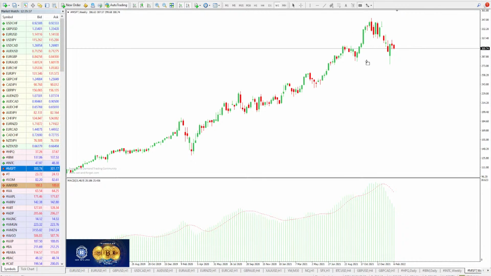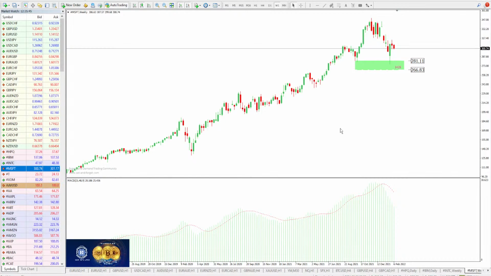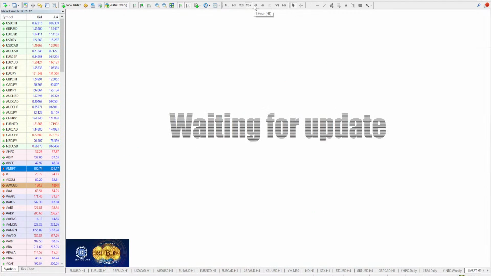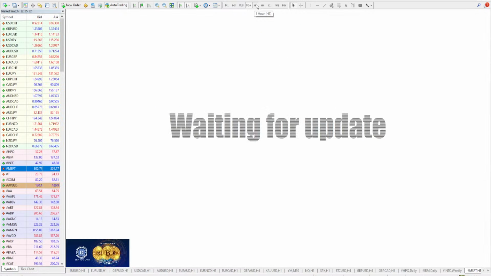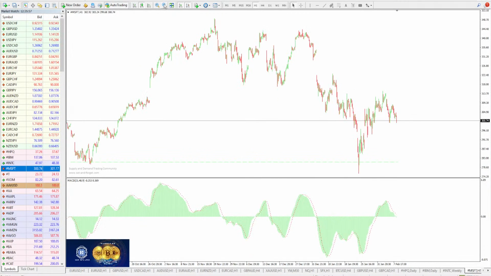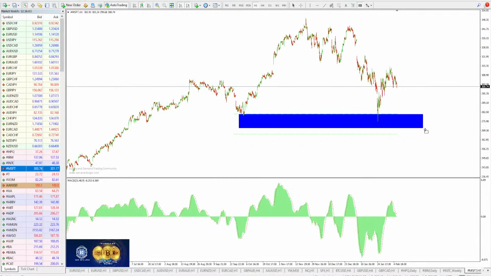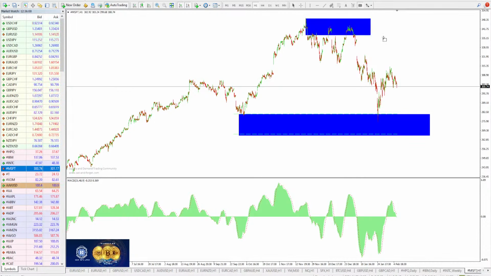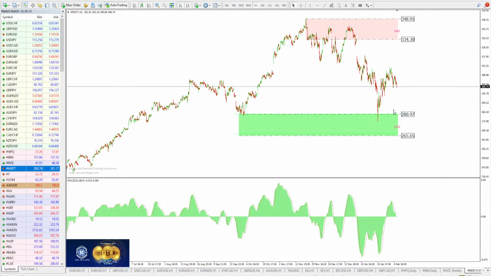Let's see what happened, but see right there. This is a good area to buy with price action. It has to be with price action.